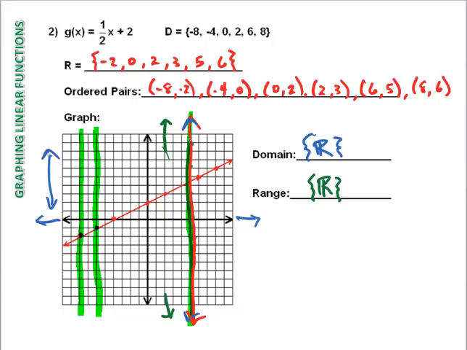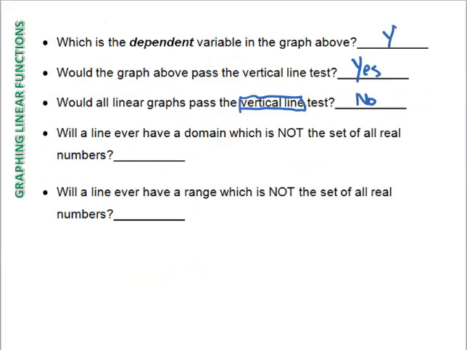So therefore, every x is 5. The domain for this is only 5 if I just use this vertical line. So will a line ever have a domain that is not the set of real numbers? That would be true, and it would be a vertical line. A vertical line will not have a domain that is all real numbers.